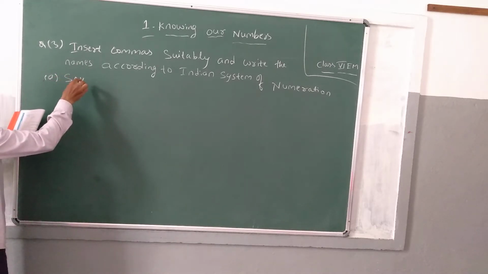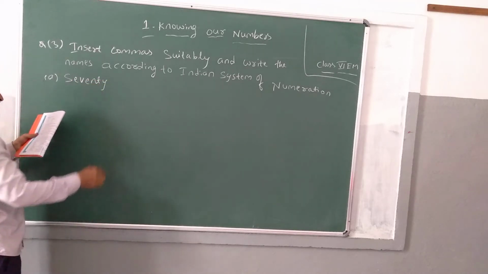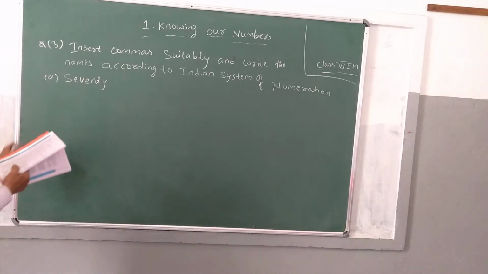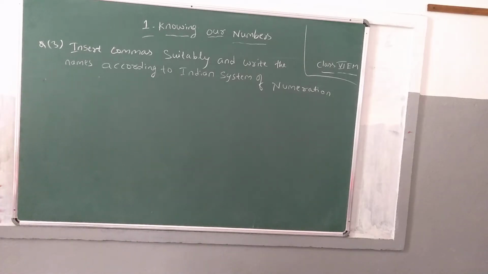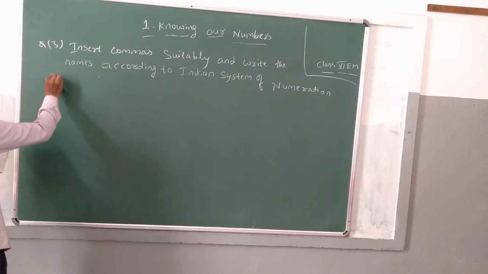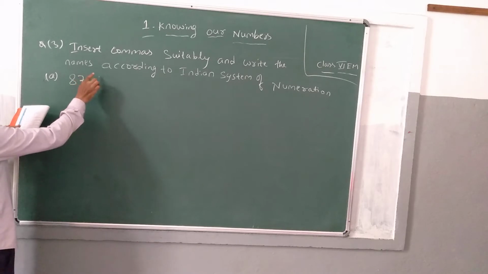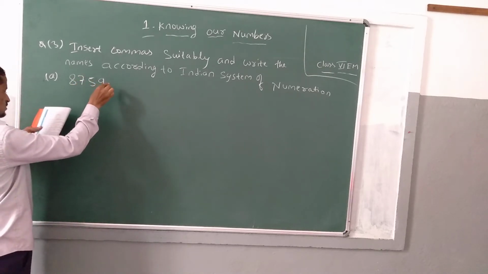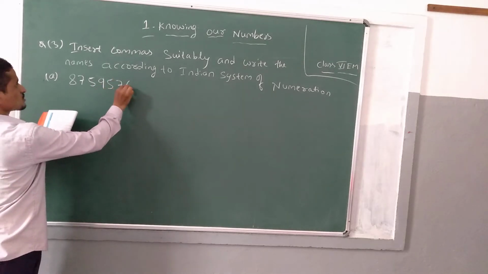First one, so wait. This: insert comma suitably and write according to Indian system of numeration. This is the third bit. So in that first problem, what is there? 8, 7, 9, 5, 7, 6, 2.